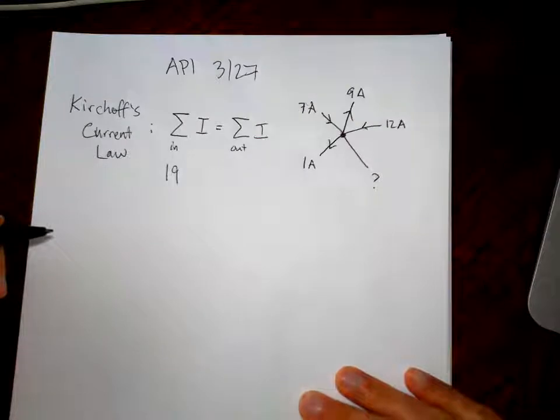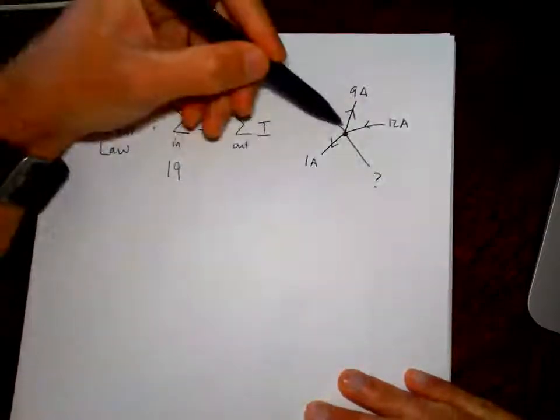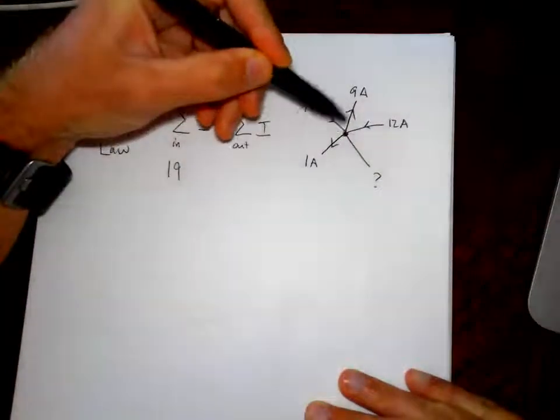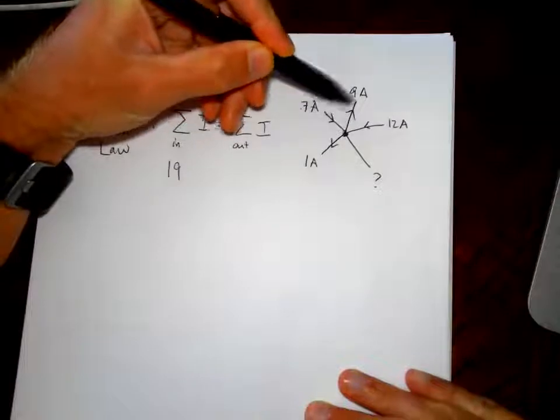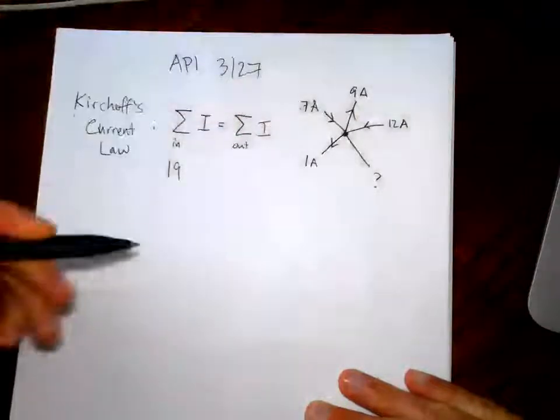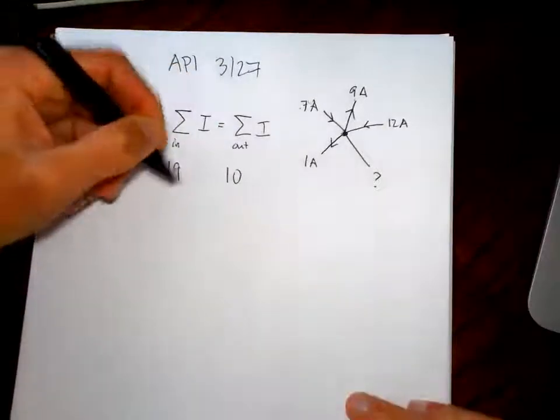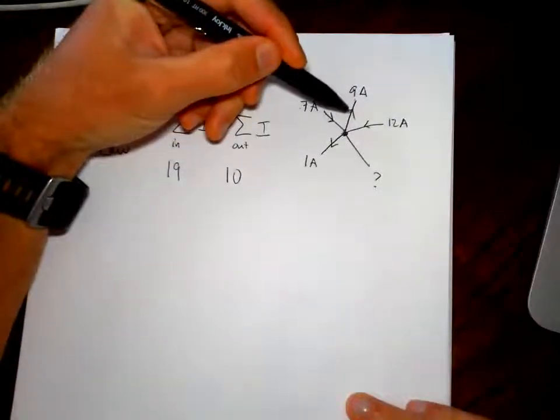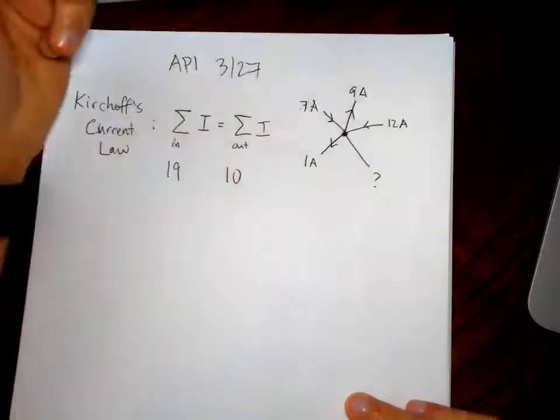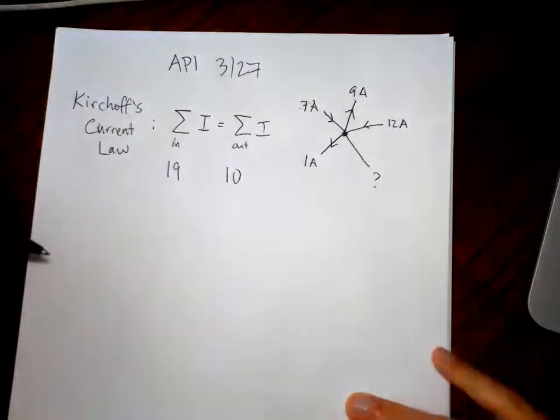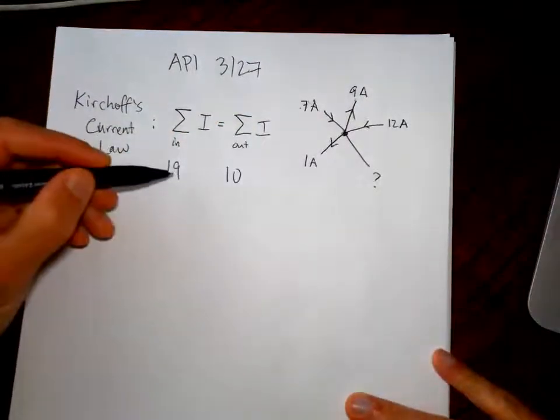Okay. And then if I look at the current going out, there's 9 amps going out and 1 amp going out. That's a total of 10 amps going out. So we can see that, at least with just these 2 wires, the amount of current going out of the junction is less than the amount that's coming in.